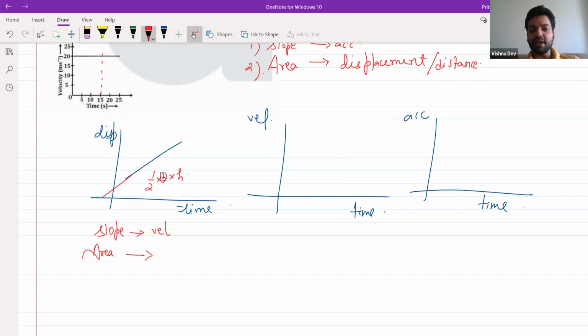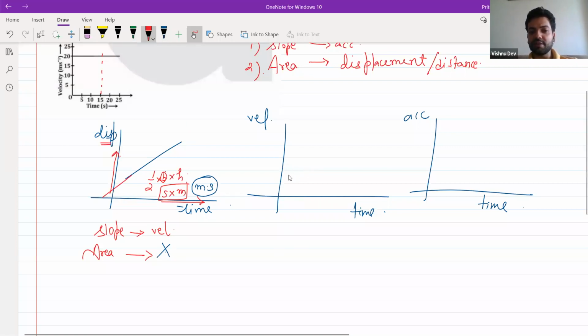So base will be in seconds because base is along time, and height will be in meters because it is along displacement. So you get meter into second. Is there any quantity which we have learned that has the unit meter into second? Definitely not, right? Either you have learned meter per second or meter per second square. So no quantity has this unit, so its area will not be used.